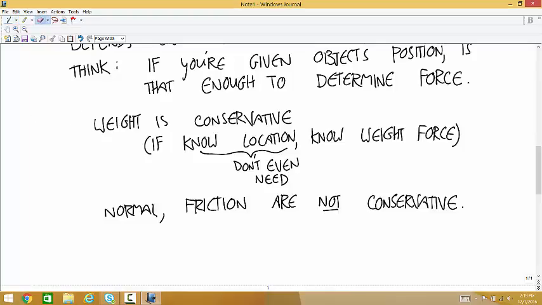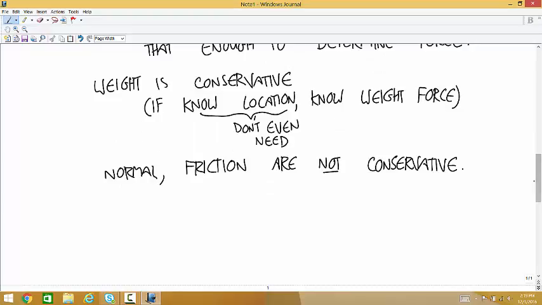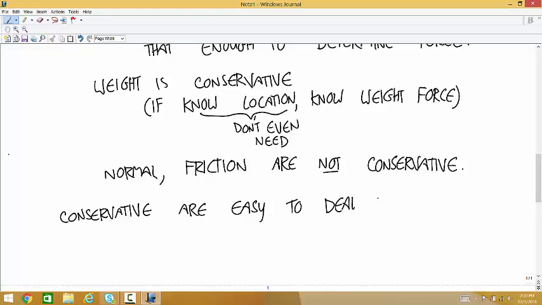And the thing that's useful about conservative forces is, conservative forces are easy to deal with because they have what we're going to call potential energy.